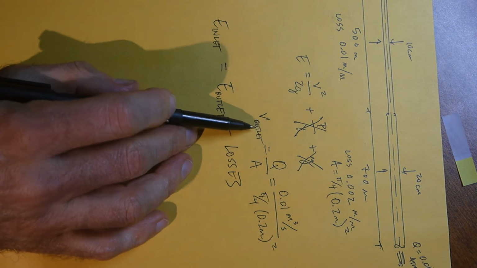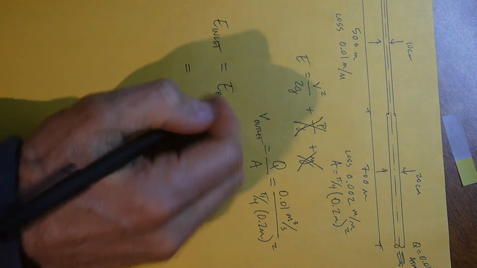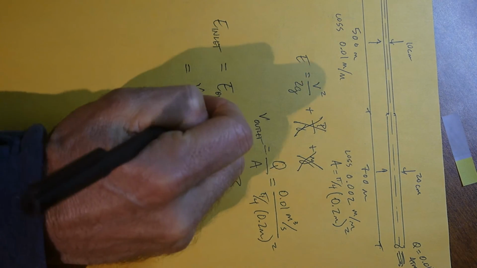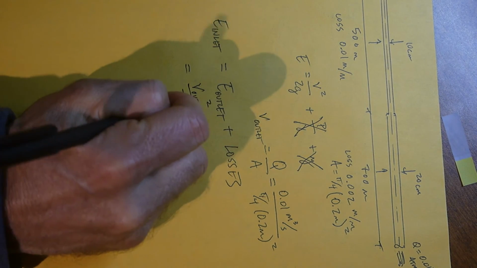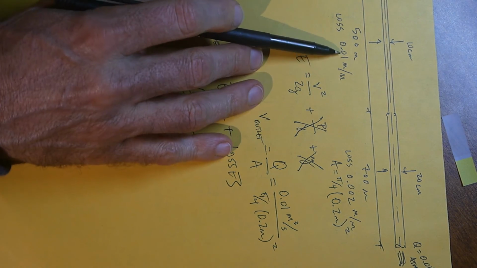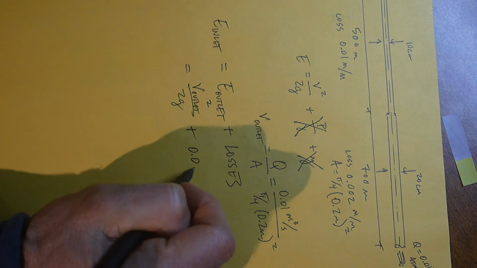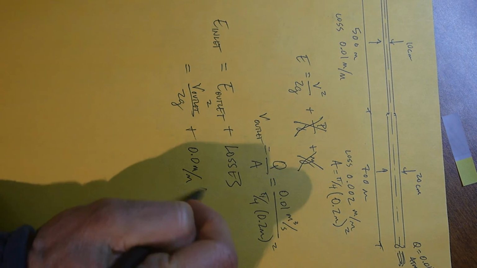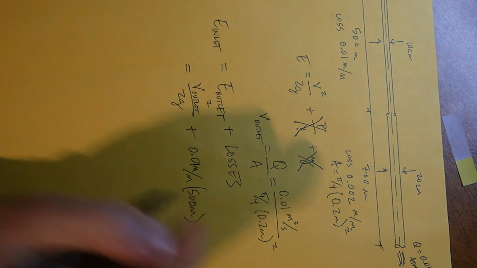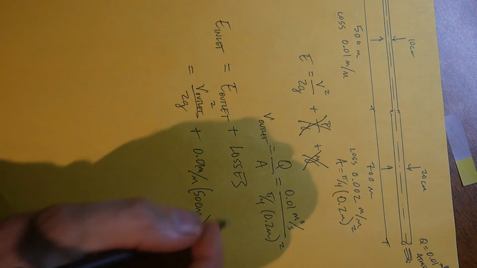So the energy at the outlet is just V outlet squared over 2G, plus the losses. What do we know about the losses? Well, we've got 0.01 meter per meter times 500 meters, so that's the loss in section 1.